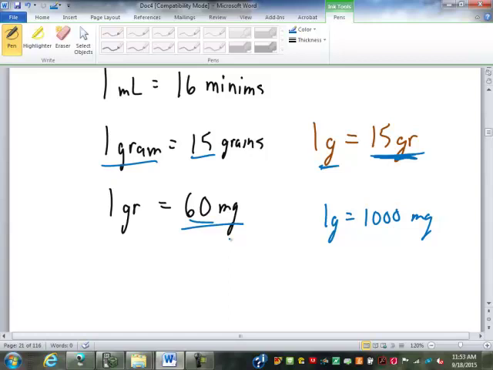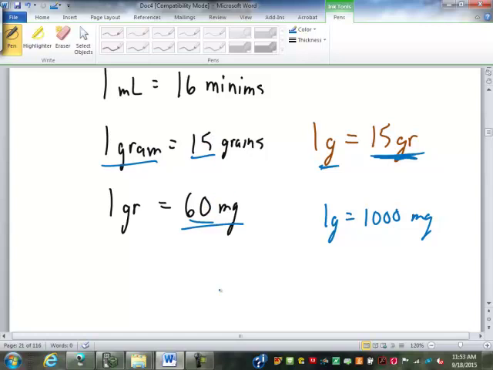Technically, it's just under 16 grains in 1 gram. It's like 15.8. There's technically 1 grain is technically 62 milligrams, like 62 or 63, somewhere in between there, depending on which book you look at and how they round it. So if you were to do it as 15.8 and 62 point whatever, it does multiply up to 1,000.